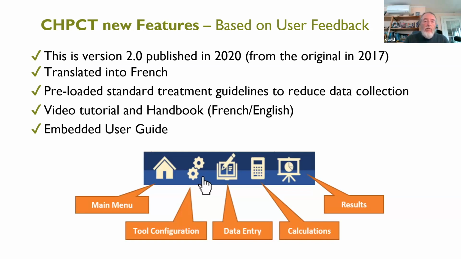Colin led many of those studies in the field, places like South Burkina Faso. The new version of the tool has been translated into French. It has preloaded standard treatment guidelines to reduce data collection. It has a video tutorial and a handbook, which you can find on the MSH and UNICEF websites, and it has an embedded user guide.